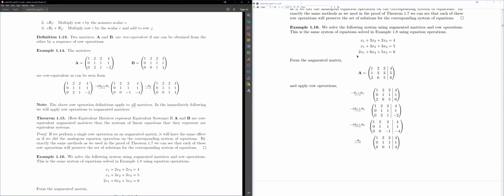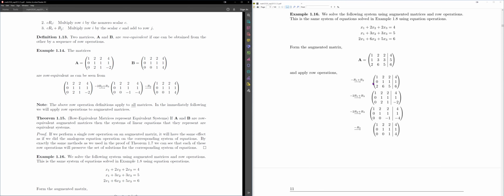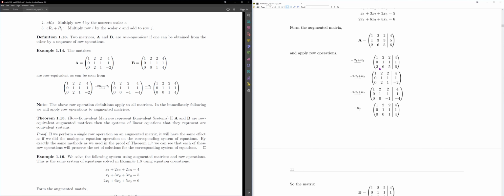The point is I have a system to start off with, and it has an associated augmented matrix. Now I apply row operations to this augmented matrix, and that means this one is row equivalent to this one. Likewise, this one over here is row equivalent to this one, and similarly this last one is row equivalent to this.